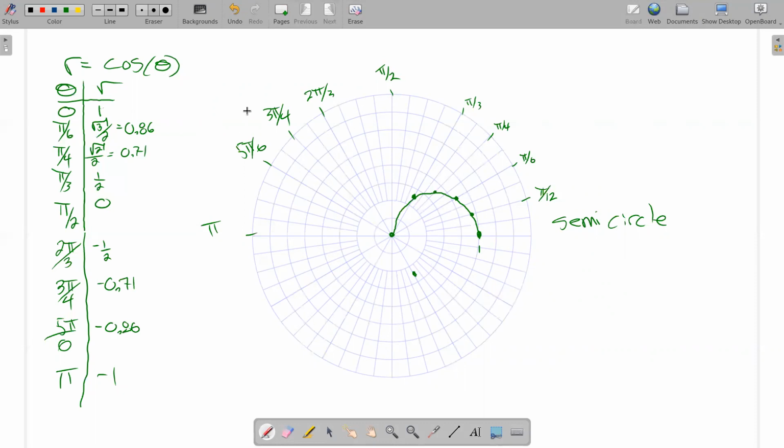And then 3 pi over 4 is this line, but we're coming back because it's a negative number to 0.7, which is about here. And then 0.86. So here would be the angle for a positive radius. Negative radius means go back through the pole. That's going to be around here-ish. And then pi, normally positive radius would be this way. So negative radius, I go that way. So that hits there. So this graph traces in this direction.